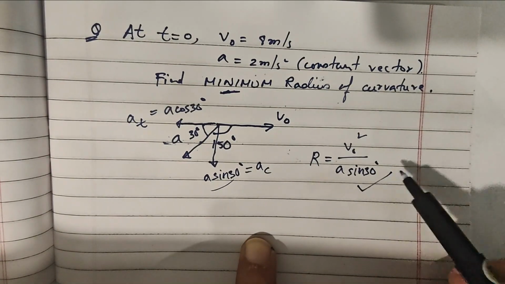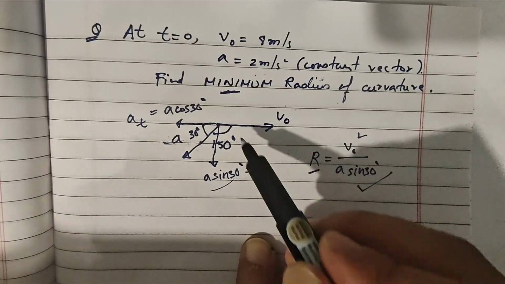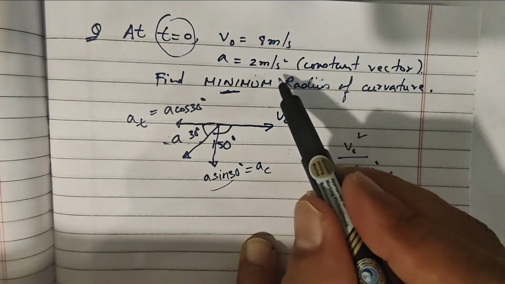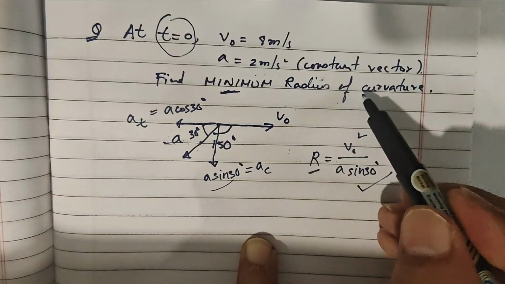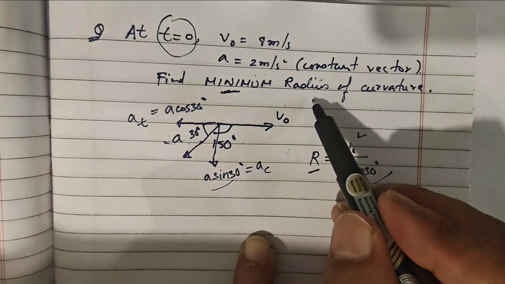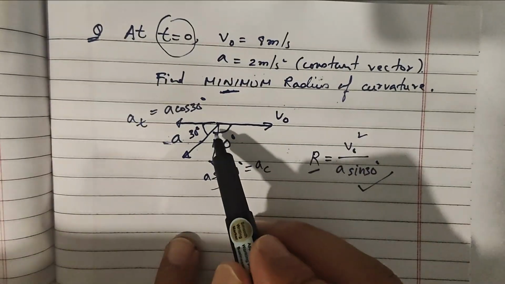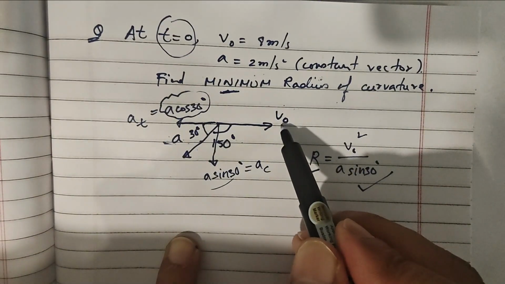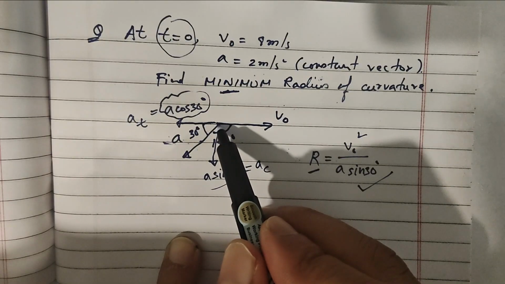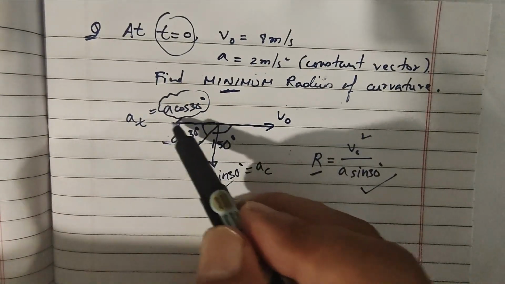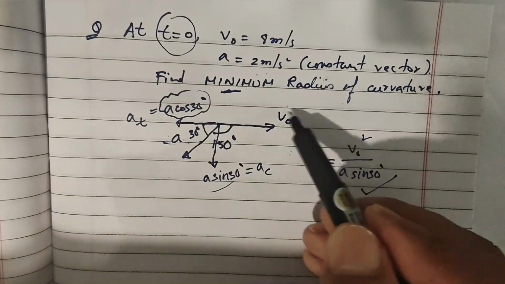Now, this is correct, but this is the radius of curvature at this instant, which is time 0. They are asking you the minimum radius of curvature, not the initial radius of curvature. And here the radius of curvature will change. Why? Because you can see this acceleration is opposite to velocity. So obviously with time this particle will move slower, because the tangential acceleration is opposite to velocity, right?